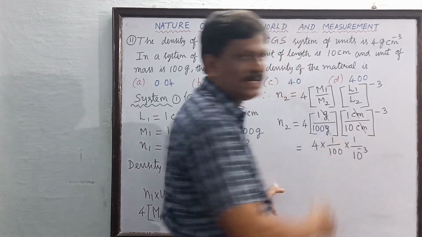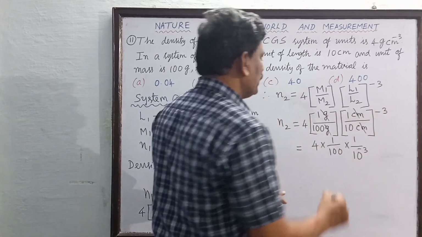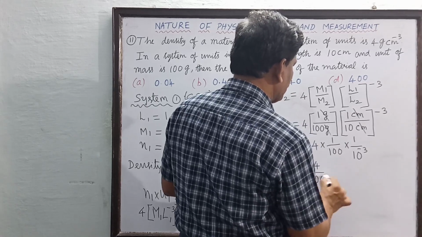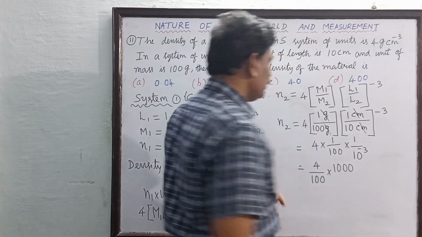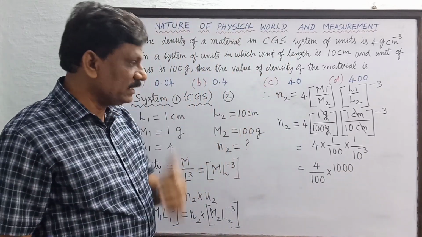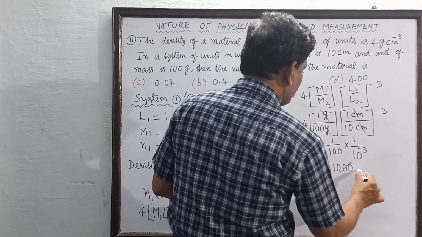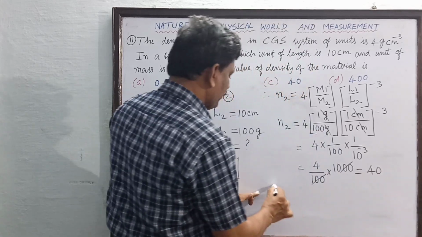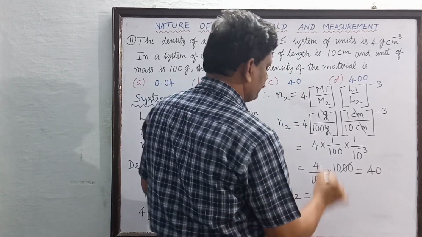This is 10 power minus 3 I have written, whole to the power of minus 3. So that this is now equal to 4 divided by 100 into 10 power 3, so this is 1000. Now you can cancel the zeros. So this 100 can be cancelled, so that the remaining is 4 into 10, that is equal to 40. Therefore, the value of N2 is equal to 40.